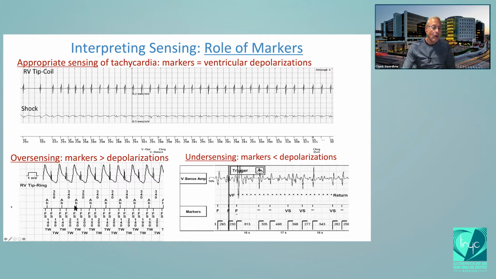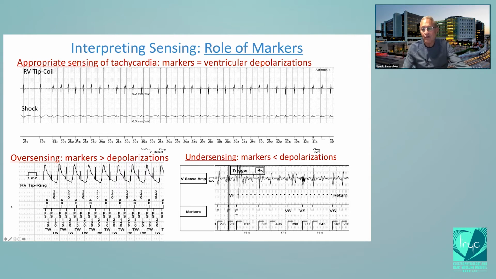If we have oversensing, then that is indicated by the fact that in addition to a marker for the true electrogram, there is a second marker. There are more markers than electrograms. In this case, there's one extra marker for each cardiac cycle because the device is oversensing these T waves. If we look at the marker channel, undersensing is identified by fewer markers than true electrograms.